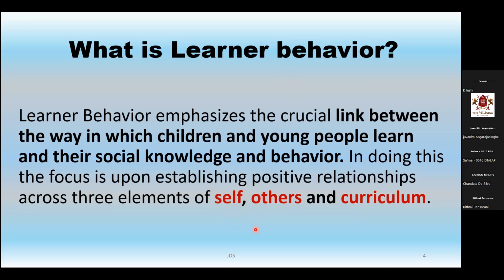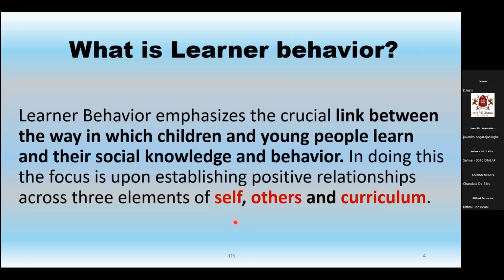So you have to clearly understand what is meant by learner behavior, the link between the way children learn something that is new, right? So children acquire knowledge.